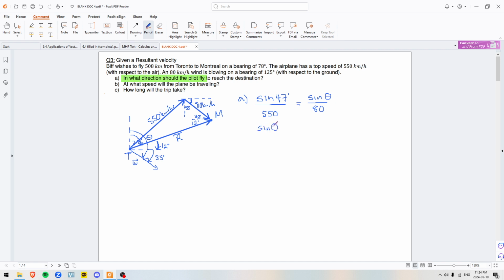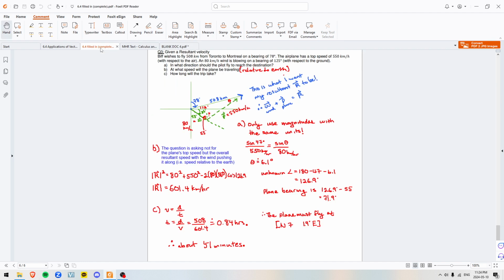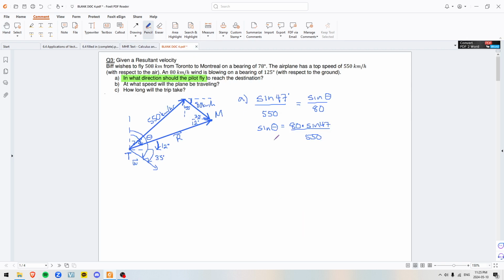So sine theta, if I were to do some algebra, multiply both sides by 80, I have 80 times sine 47 all over 550. So excuse me while I cheat and look at my answer key because I don't have a calculator on me. It seems I am going to have my angle to be approximately 6.1 degrees.